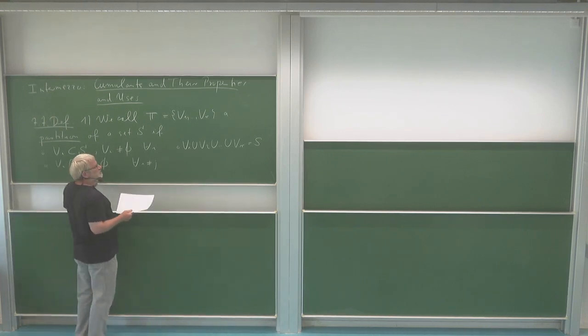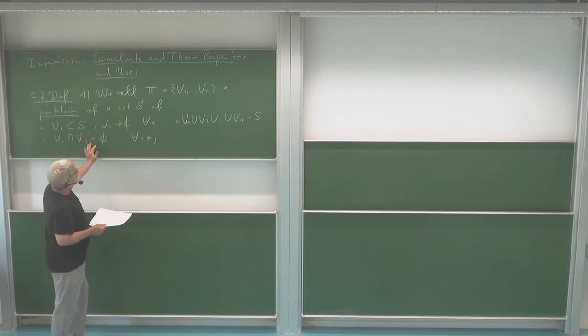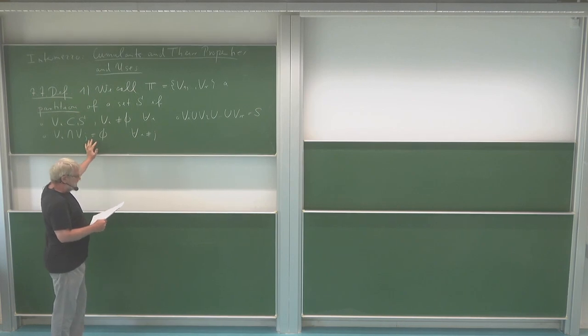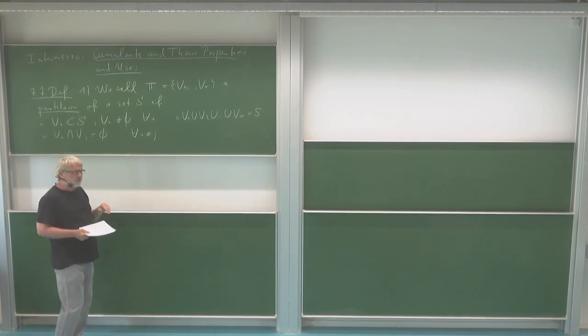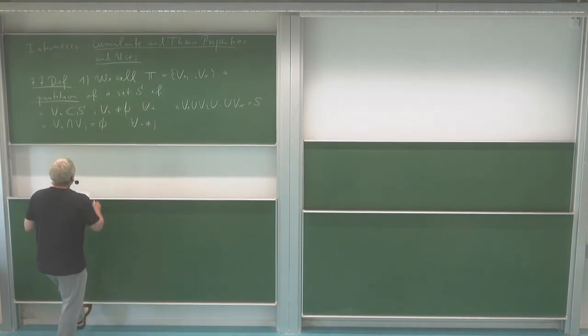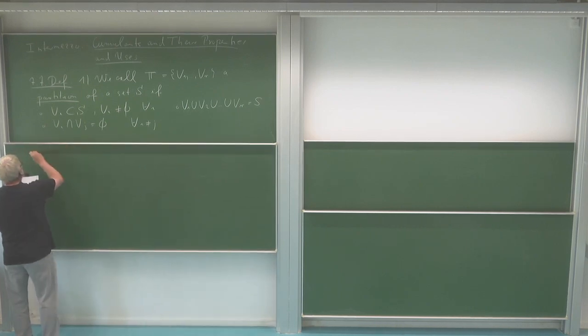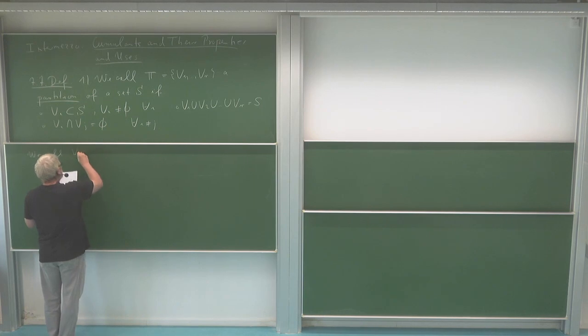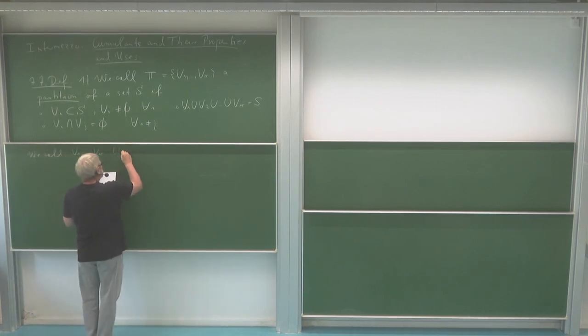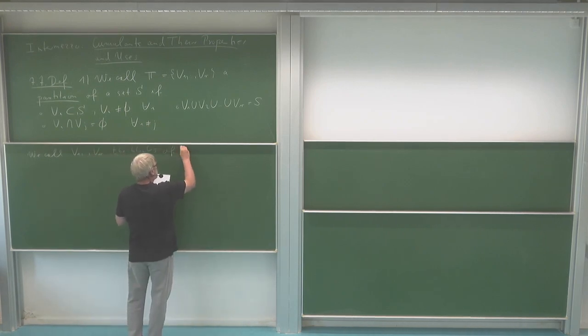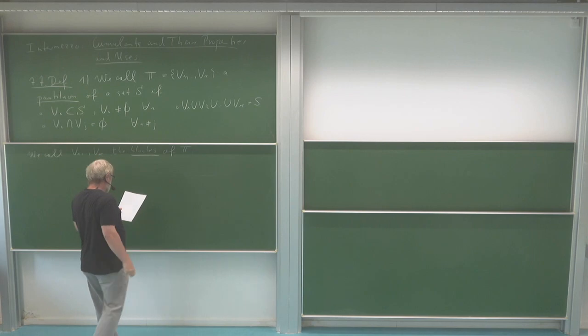Okay, so that's a very general notion of a partition. And the V's, usually I call the blocks of the partition. So we'll call in this case V1 up to Vr the blocks of pi.